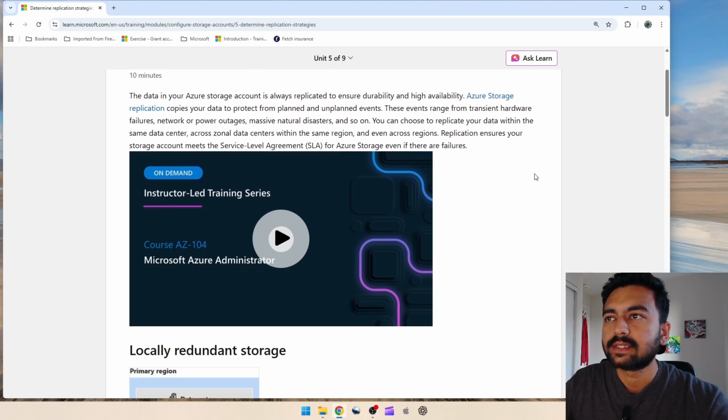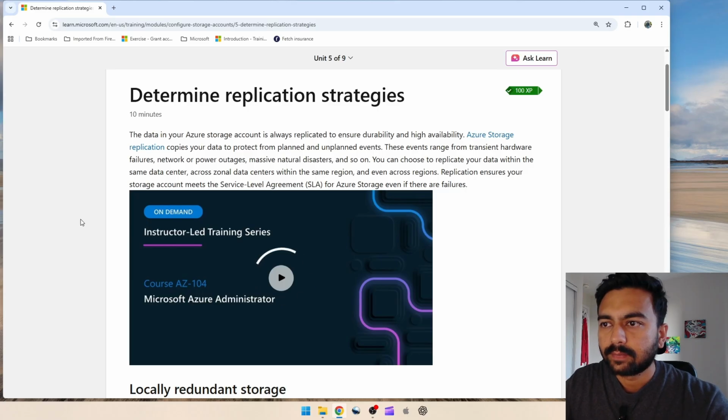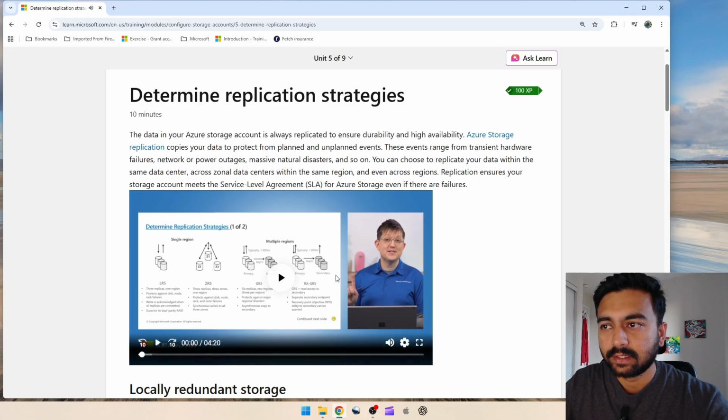In all those cases, you can replicate your data. The minimum replication that Azure provides is three copies in the same data center.